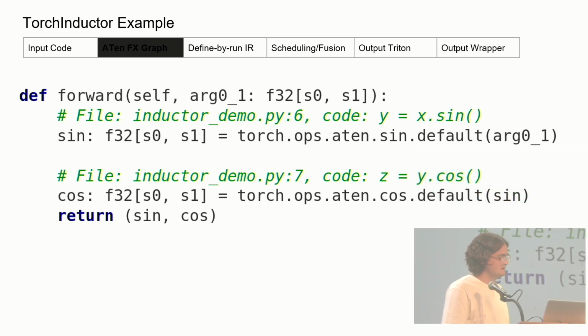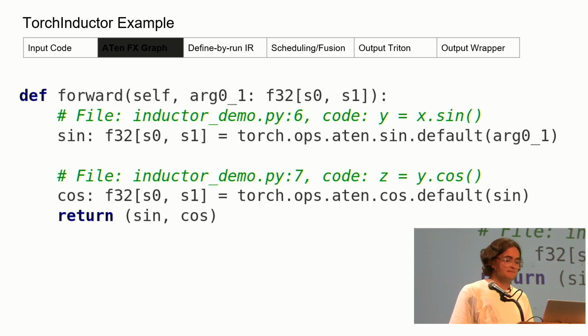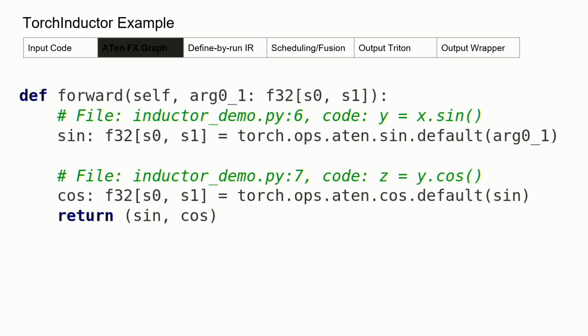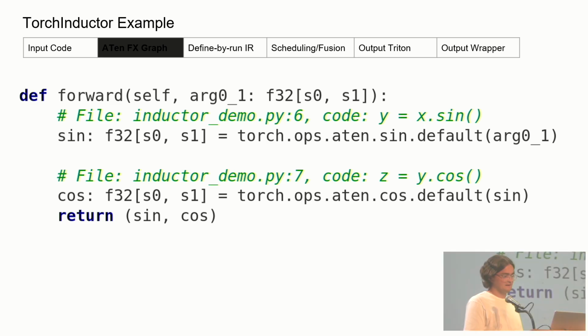Here you see that the high level x.sin method call has been removed. We're explicitly invoking the operator and its overloads, the particular set of types that it's being invoked with. Each intermediary has been annotated with both its dtype and the symbolic shapes.